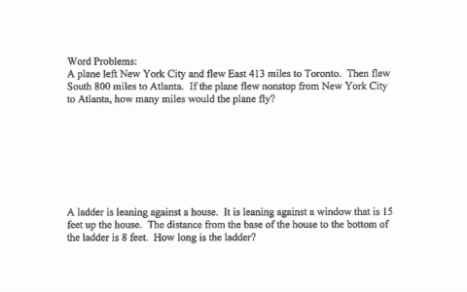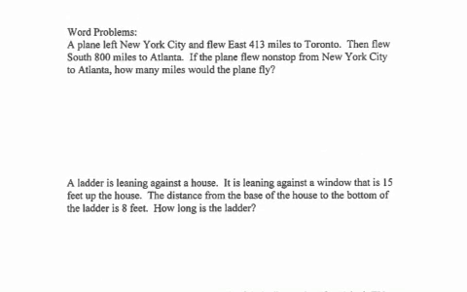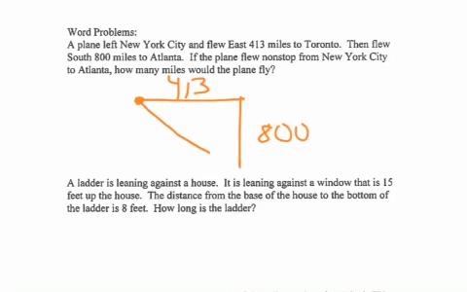Lastly, we're going to practice a few word problems. So a plane left New York City and flew east 413 miles to Toronto. So basically I'm going to say that dot's New York City and I'm going to fly east 413 miles. Then they flew south 800 miles to Atlanta. If the plane flew non-stop from New York City to Atlanta, how many miles would the plane fly?